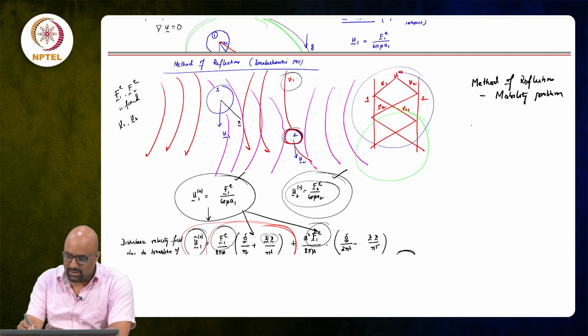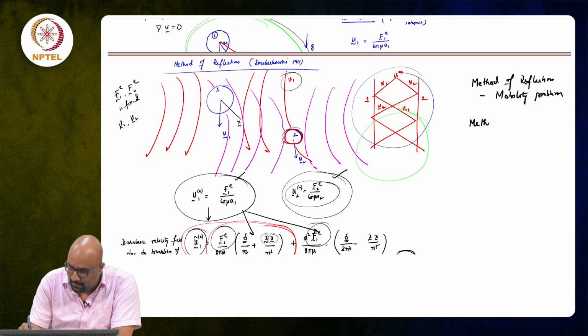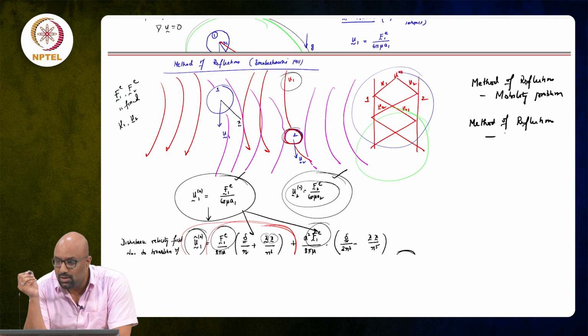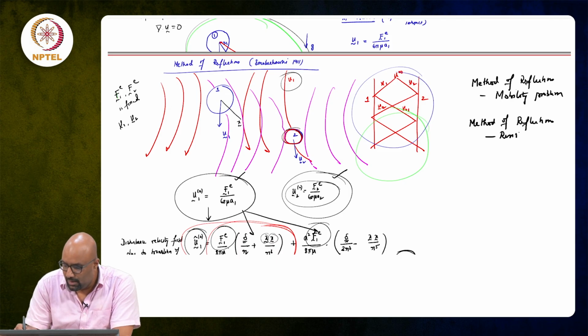The reason I say this is a mobility problem is that the force acting on the spheres is fixed. Now, you can just apply the same approach to a resistance problem. So, what would be a resistance problem?